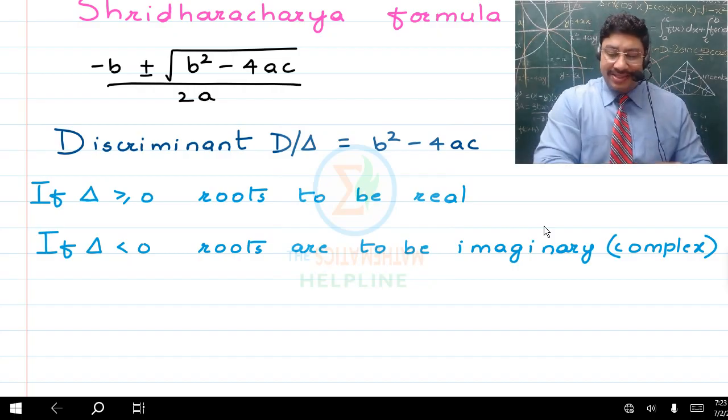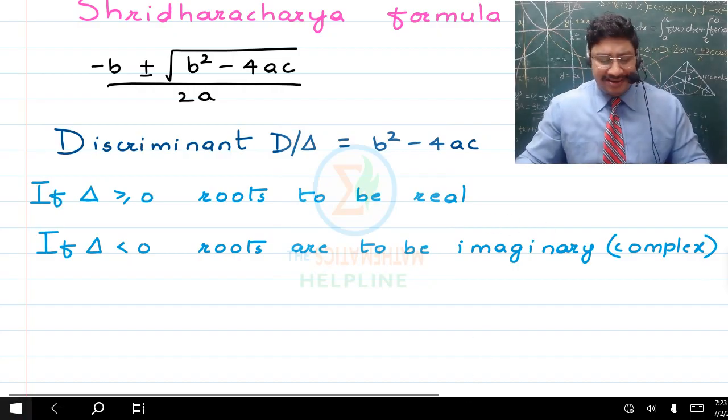Okay, so what I said I will quickly repeat. There is one thing which is going to decide almost everything, that is b square minus 4ac, and as it is the deciding factor, it is known as the discriminant. It is represented by capital D or by delta, and its value is b square minus 4ac.